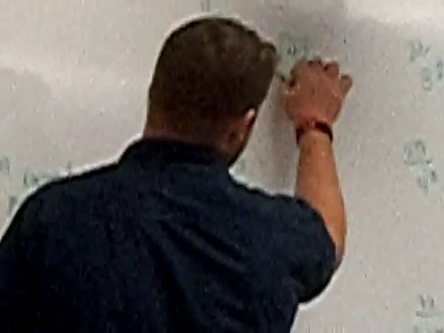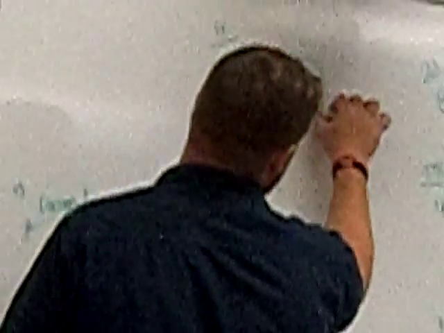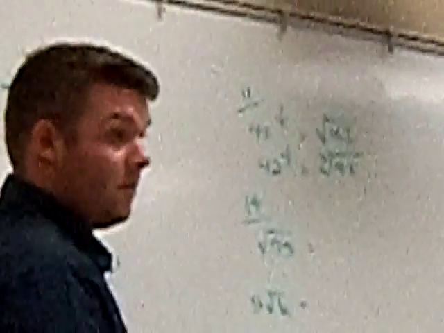All right, now, if you have 42 to the 1/3, 42 is still raised to the first power. But what root are you taking now? The third root. So the cube root of 42. That would be what's different.